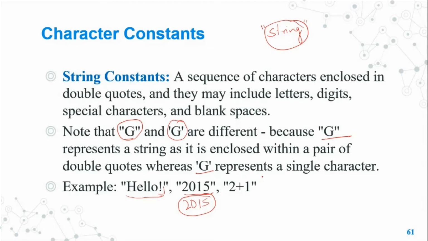This can also be a string constant, "2+1". If we write 2+1, it evaluates to 3. But "2+1" is not equal to 3 because it is within double quotes.